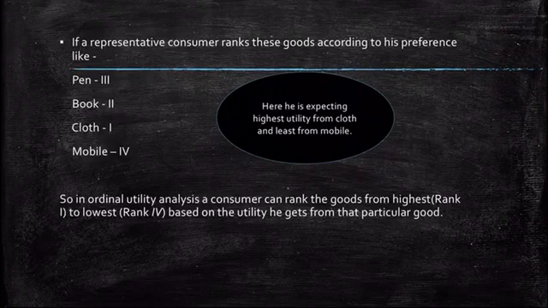Cloth is giving more utility than all other goods, whereas book is giving more utility than pen and mobile, but less than cloth. Pen is giving more utility than mobile, but less than book and cloth. So under this ordinal utility analysis, we order these goods based on the ranks given by a rational consumer. It entirely depends upon his tastes and preferences.